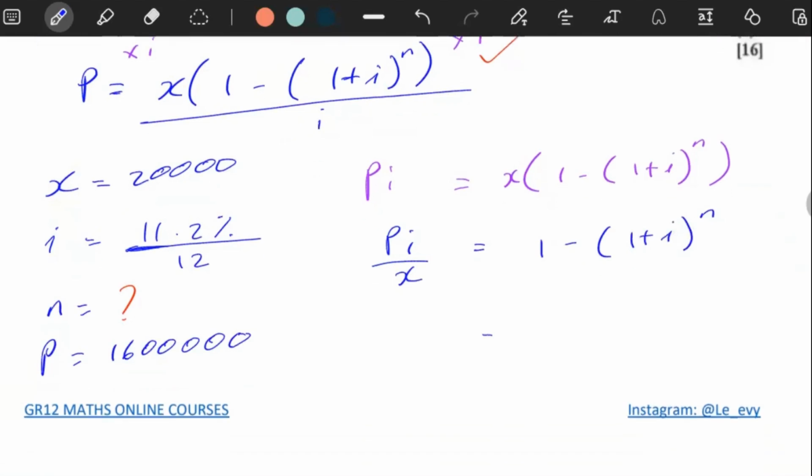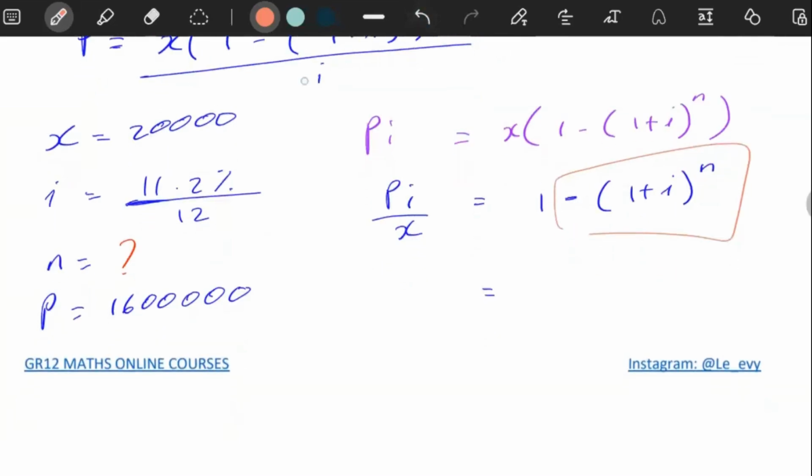And then to make n the subject of the formula, what you're better off doing is this whole part here. Remember, this is together. But then this part that we have put in a box here, it goes with this negative symbol. So what you can do is take this part to the left hand side so that it becomes a positive, because it's always easier to work with positive numbers.